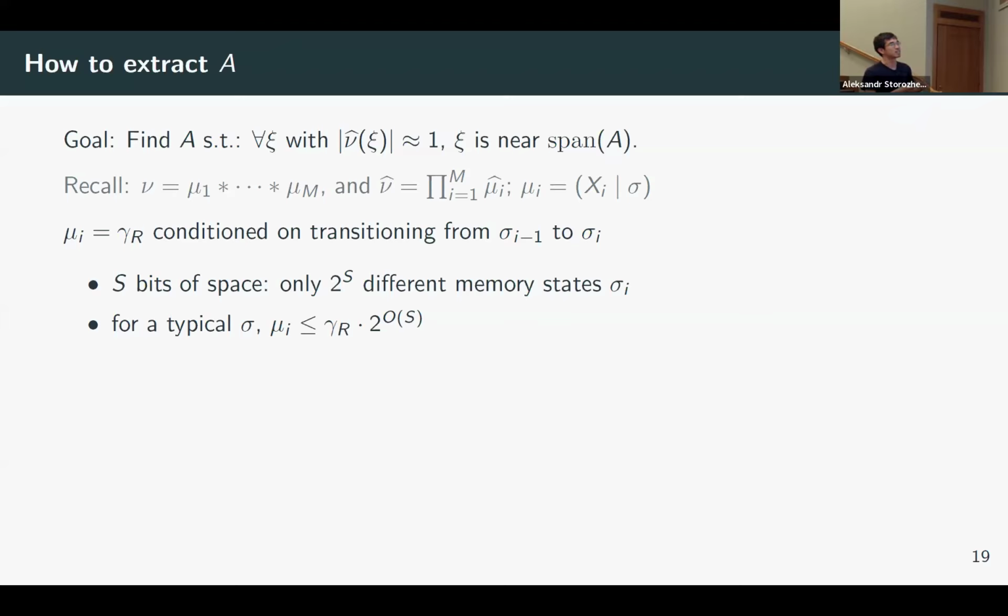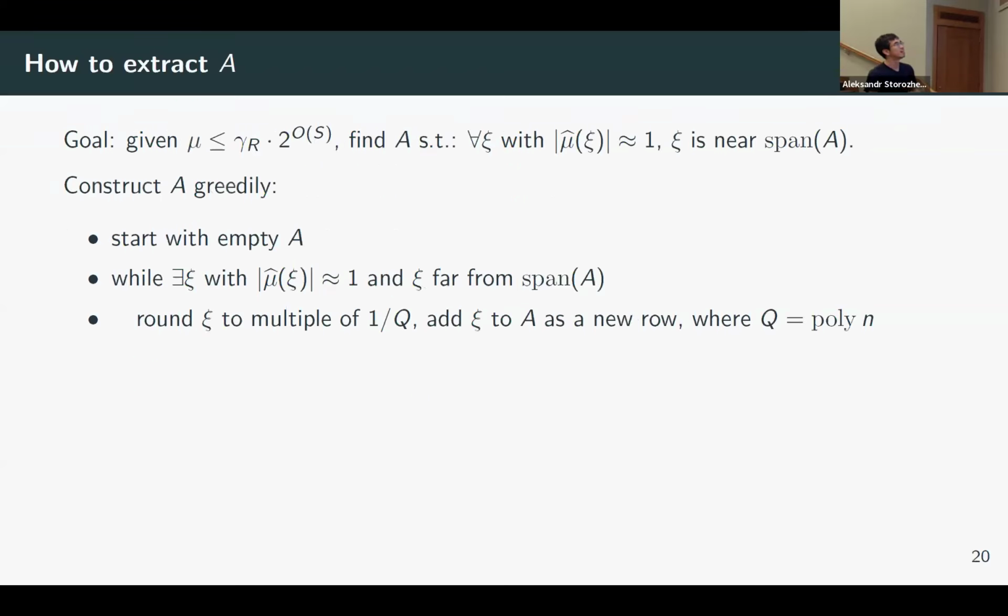And if we condition on this x_i being consistent in transitioning from sigma_i to sigma_{i+1}, then for a typical sigma, we know that the distribution is basically pointwise bounded by the Gaussian up to a factor of 2^S. And for simplicity, let's also assume that everything is the same.